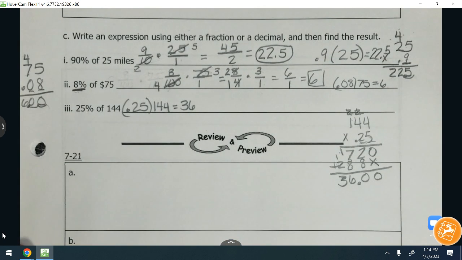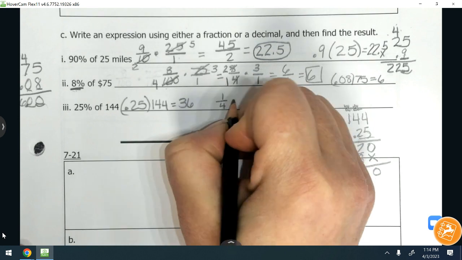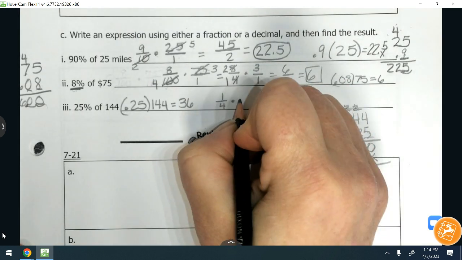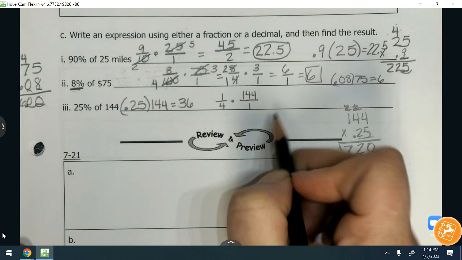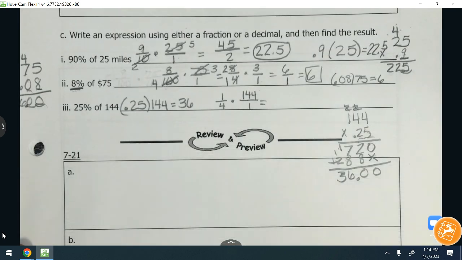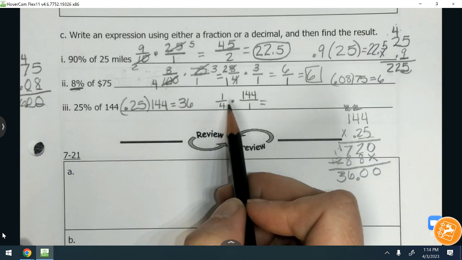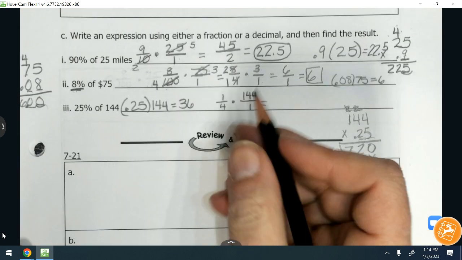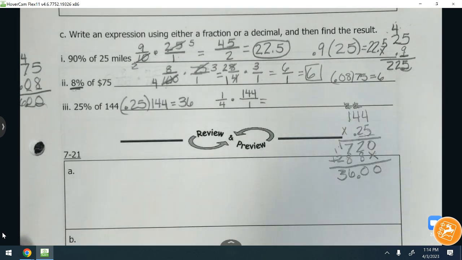Now, the reason why I said I like fractions: I have 25%. Well, 25% is 25 out of 100, or 1/4 times 144 over 1. I can reduce right now. I like doing 2 easier in my head because I don't have to regroup.